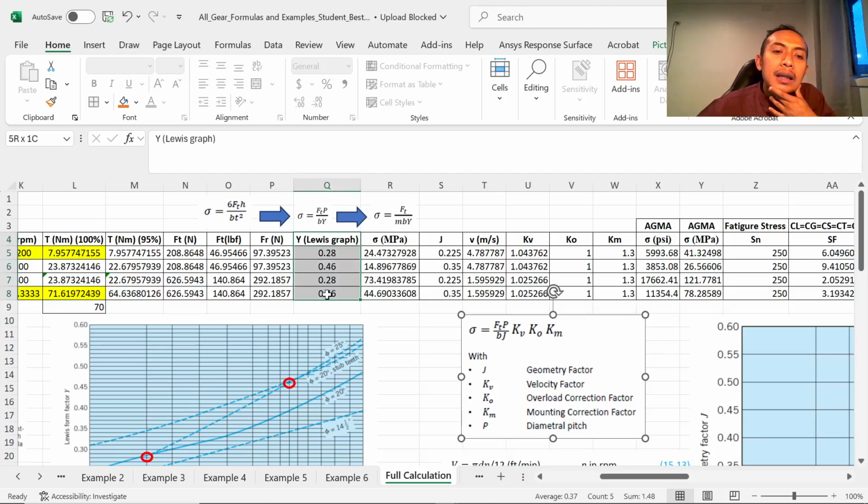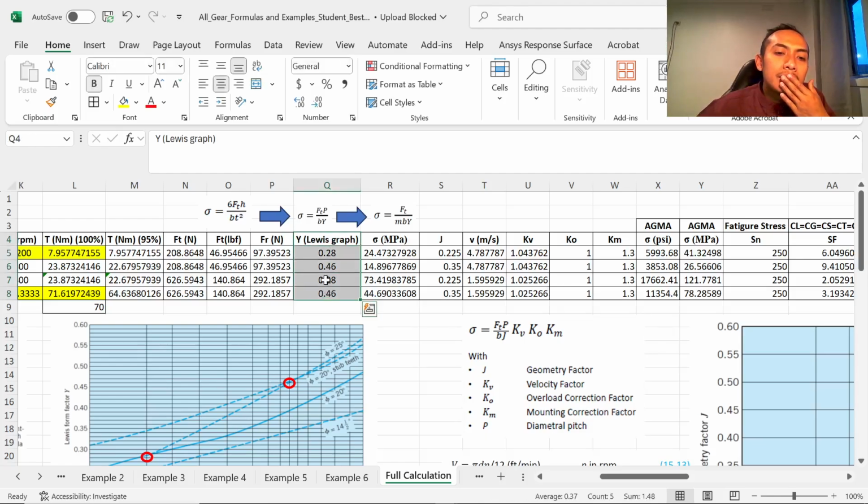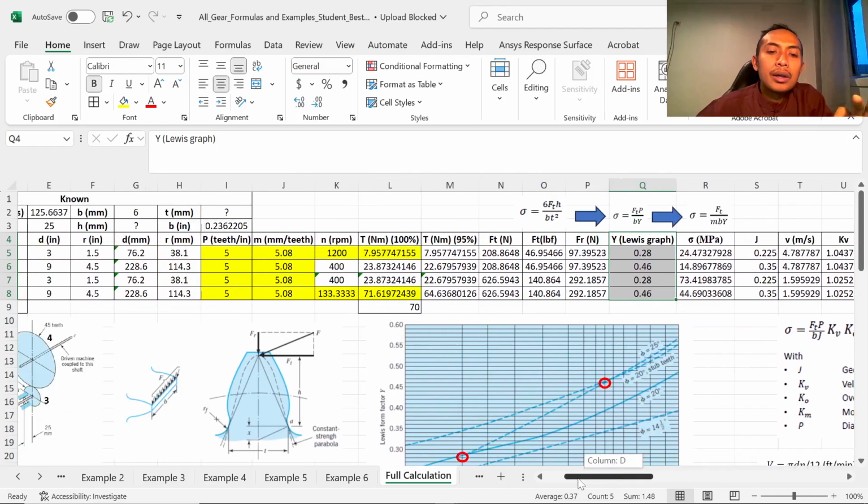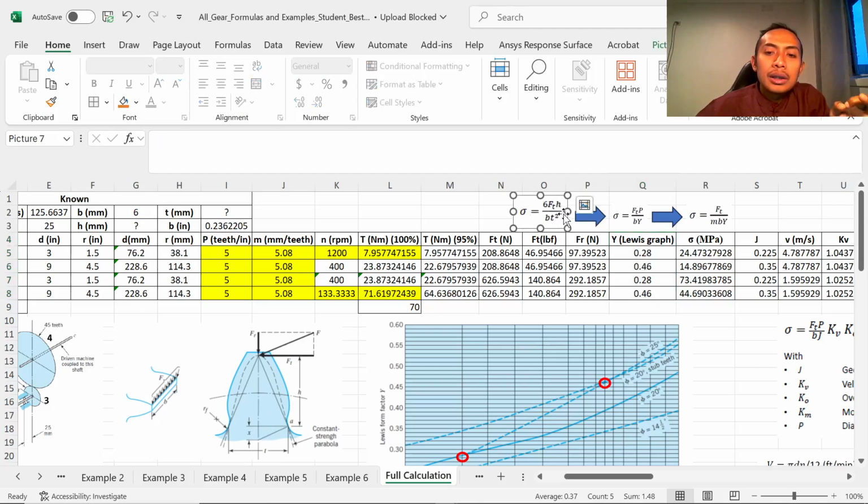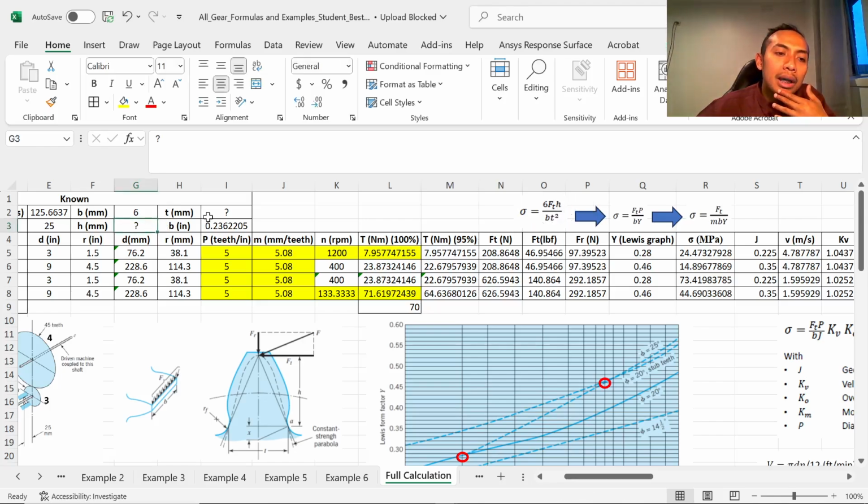So let's start with this. This is the Lewis graph. The Lewis graph identifies easily the correlation between h and t without knowing those values, because for this theoretical value we need to put in h and t, and sometimes we don't know them, because they depend on your module and your diametral pitch.